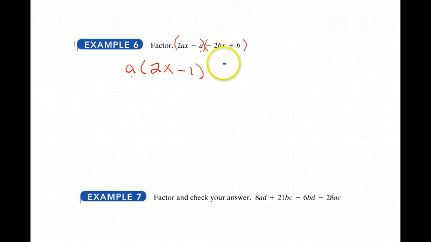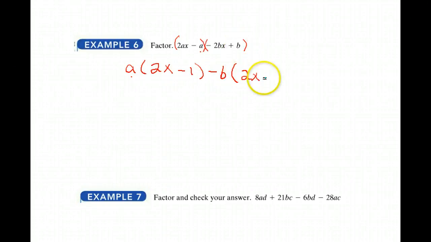We learned in the last problem that in order for the signs to flip, we have to take out some type of negative. And they both contain a b, so we are going to factor out a negative b. So completing that factoring, negative 2bx divided by negative b leaves us with positive 2x.